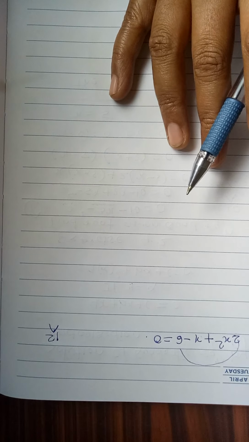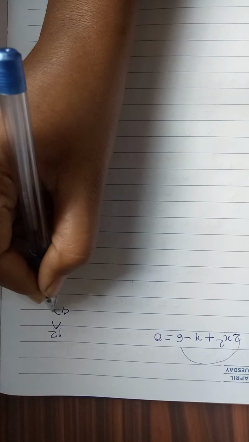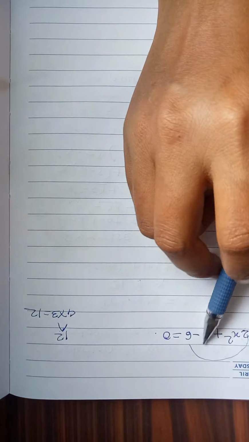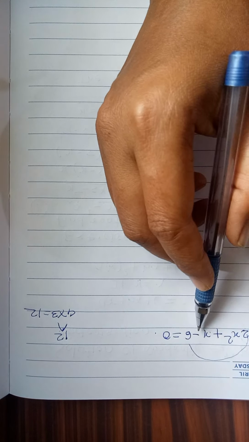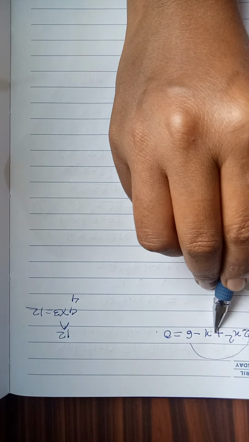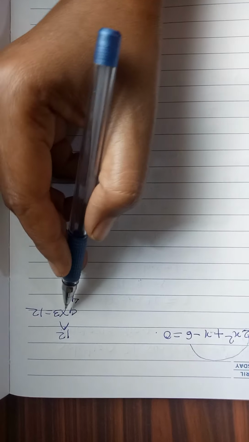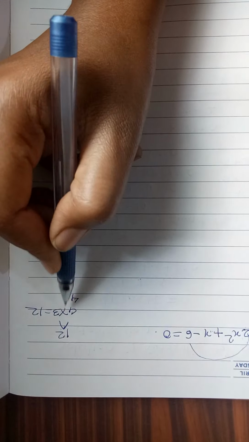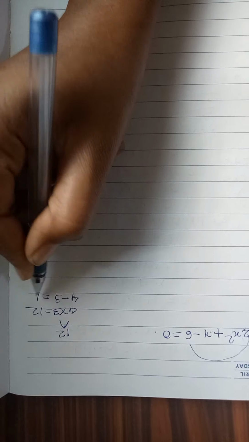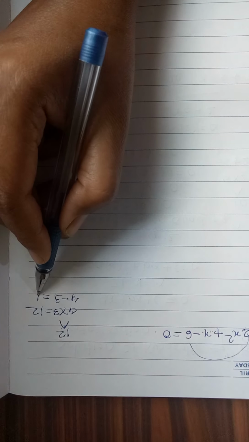So what are the factors of 12? 4 threes are 12, but we want the sum to be +1, so here we take +4, since the sign is plus, this plus sign we give to the greater number, that is +4, and here we take −3. Plus 4 minus 3 is equal to 1, so the coefficient of x is also 1.